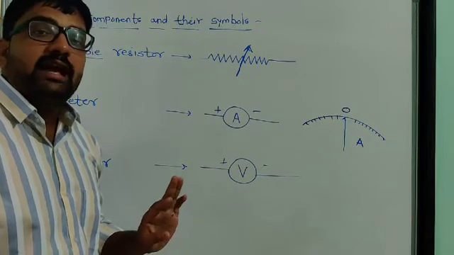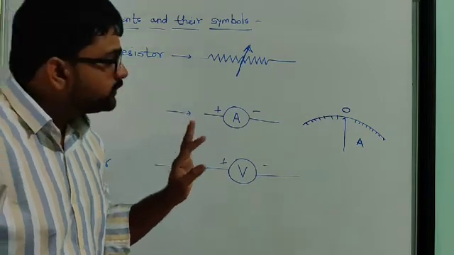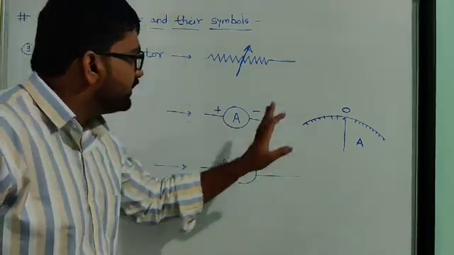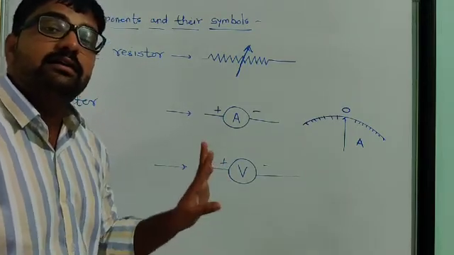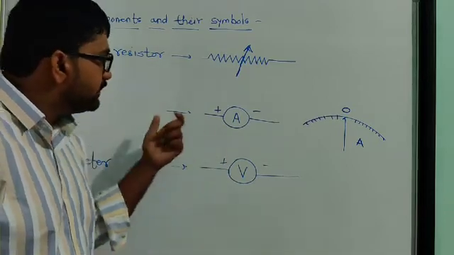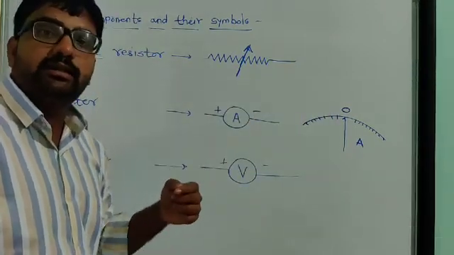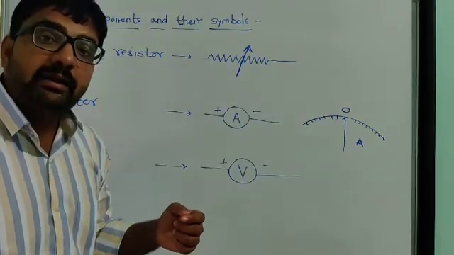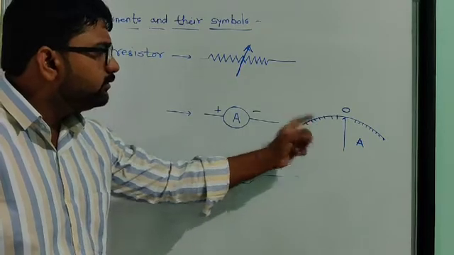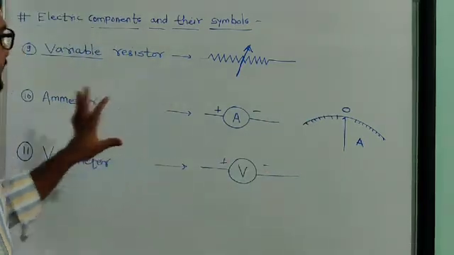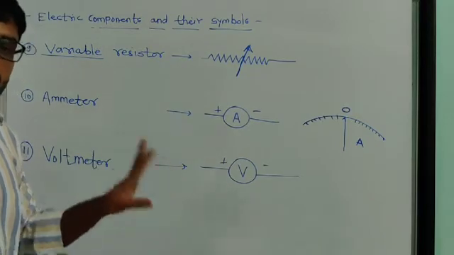That motion of the arrow depends on the direction of current flowing through the circuit. So these ammeters are generally used to detect or measure electric current flowing through the circuit. It is highly sensitive. Even a very small current in the range of milliamperes or microamperes can be detected using these ammeters. So the use of an ammeter is to measure electric current.